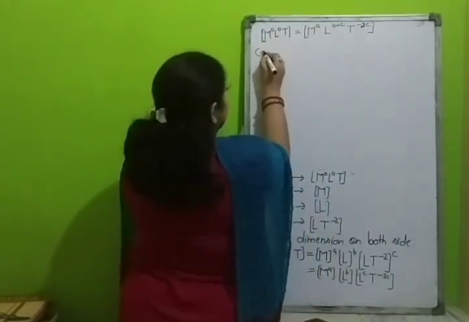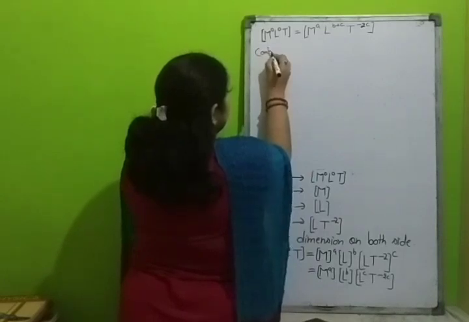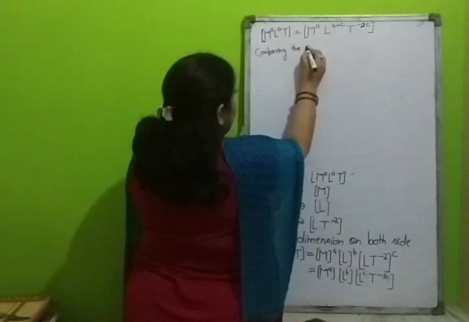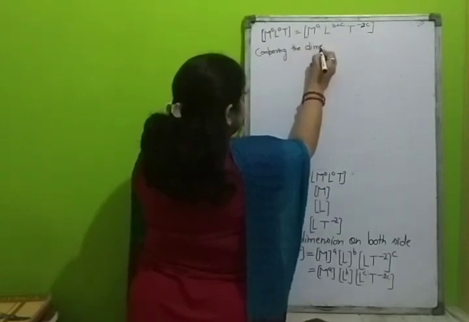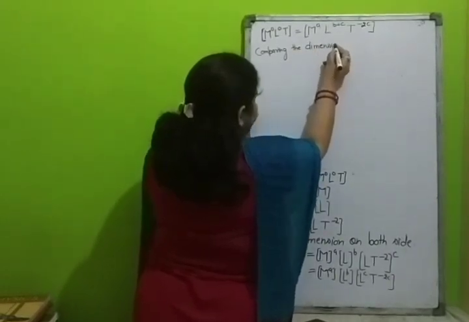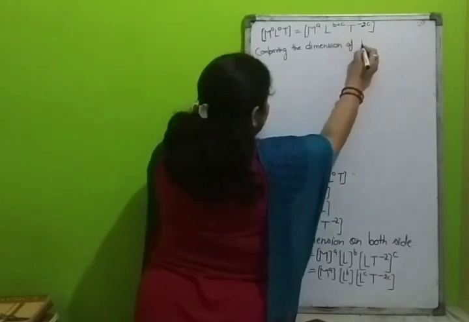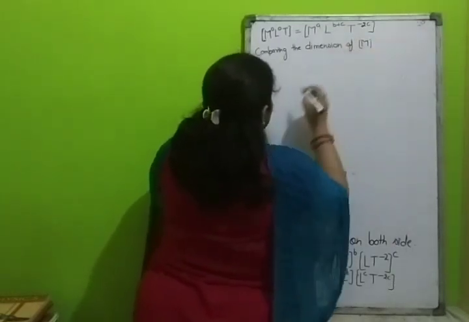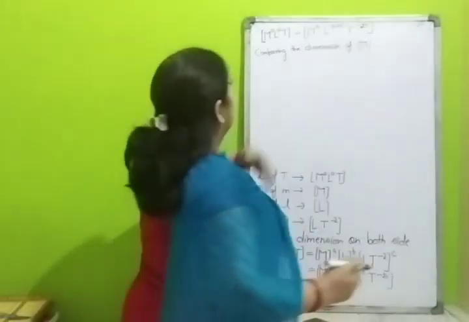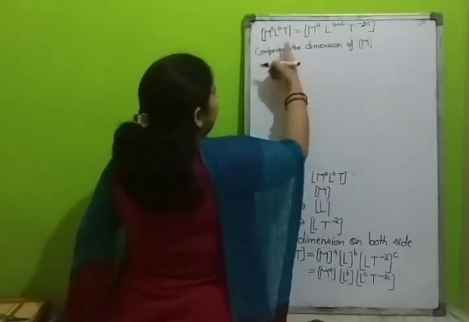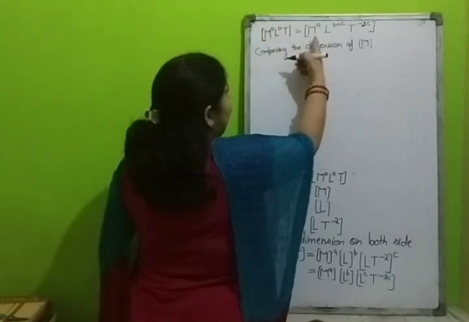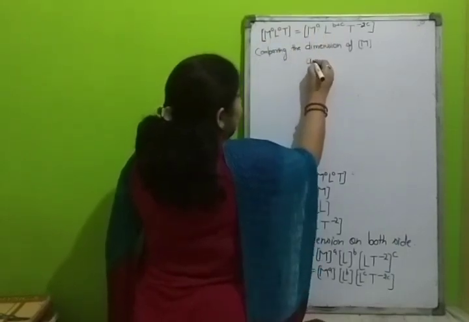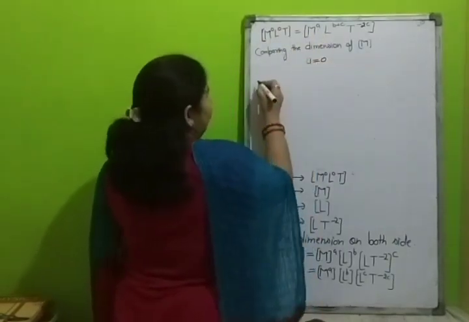Compare the dimension of M. Dimension means power. The power of M here is 0 and on the other side the power of M is a, which means a is equal to 0.